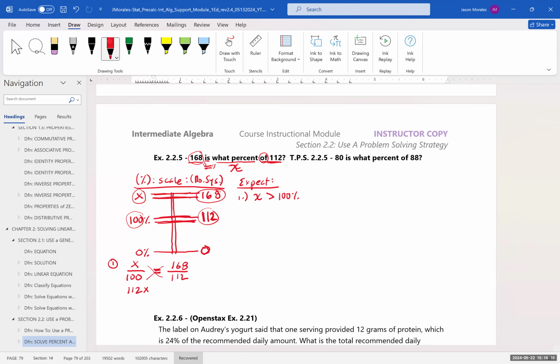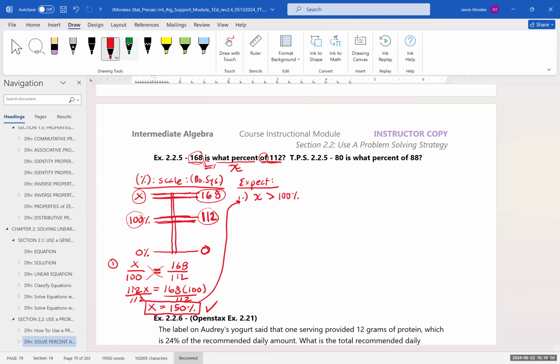So we have 112x is equal to 168 times 100. Divide by 112 on both sides, and we should get 150%. And when we check this against our expectation that it's over 100%, that looks good.